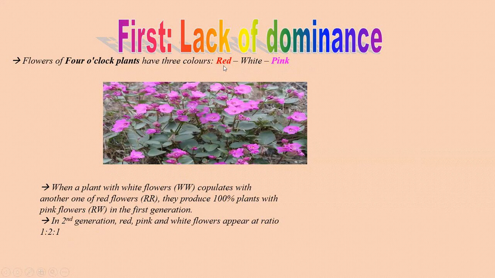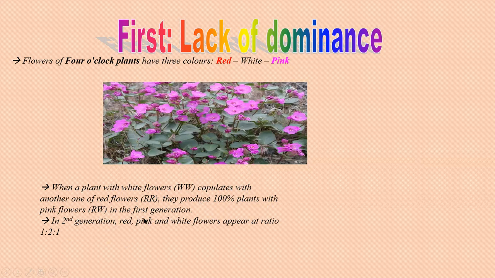Again the red is dominant, so I will write it as capital R. They found that when they mate, they produce 100% plants with pink flowers. We took one R and one W, and in the first generation they gave me a pink color, another color. Okay, why? Because they made a mix between the white and the red.